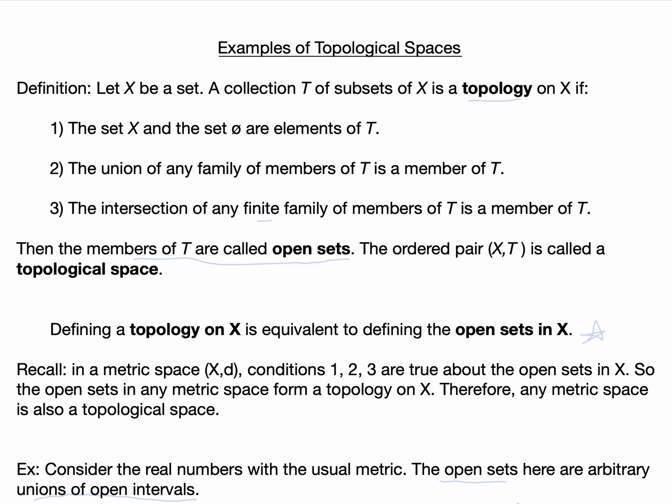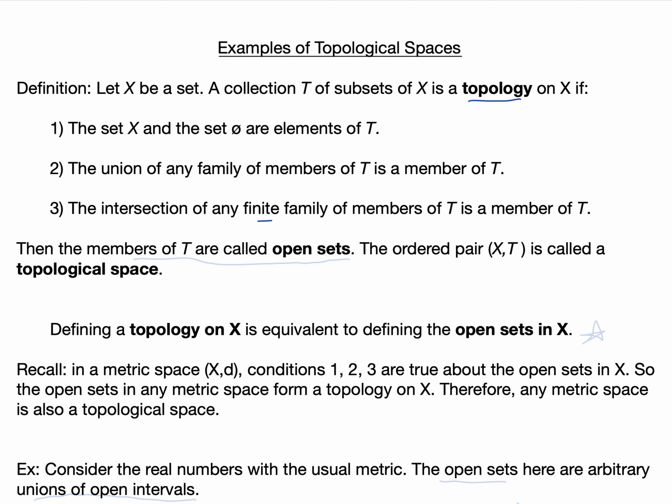In this video, we're going to recall the definition of a topological space and talk more about examples of topological spaces. So here was our definition. If X is any set, a collection tau of subsets of X is a topology on X if both the entire set X and the empty set are elements of tau, the union of any family of members of tau is a member of tau, and the intersection of any finite family of members of tau is a member of tau.